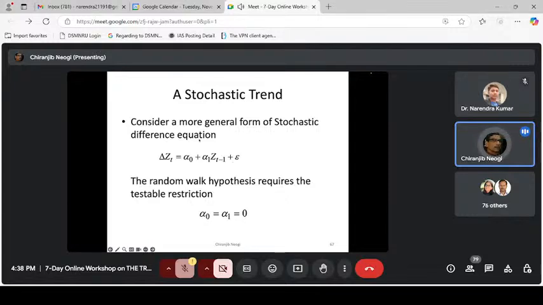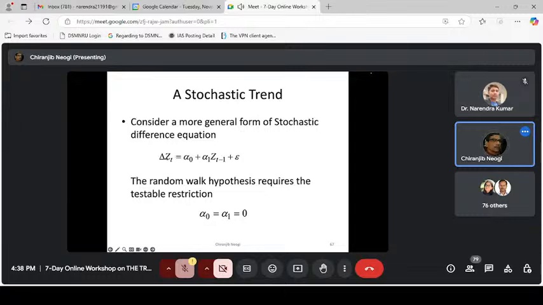Now, suppose this is the difference equation. The random walk hypothesis requires the testable restriction that alpha 0 and alpha 1 are equal to 0. If both alpha 0 and alpha 1 are equal to 0, then delta Z depends only on epsilon t, which is random.